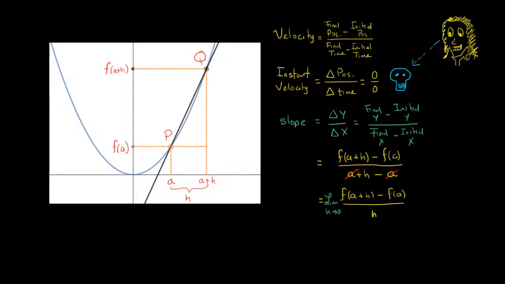And this is the concept in mathematics that is called a derivative. There are several notations for the derivative. The first one we're going to use is read as f prime of x.